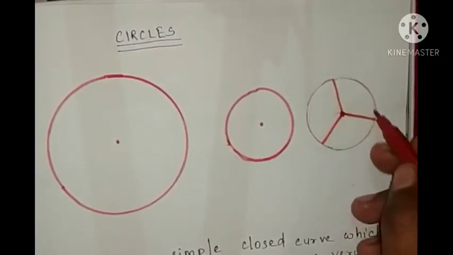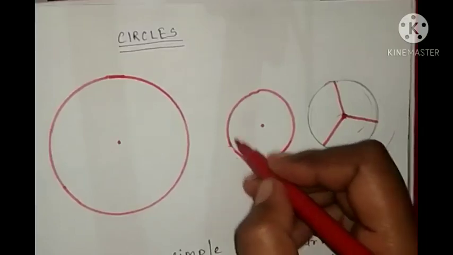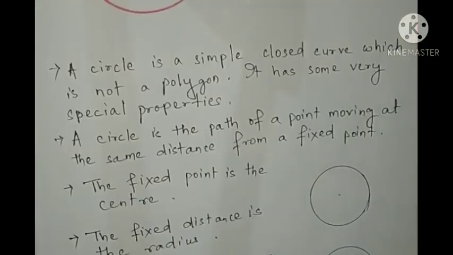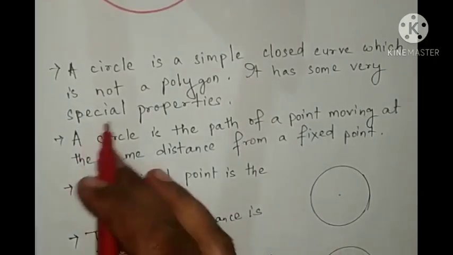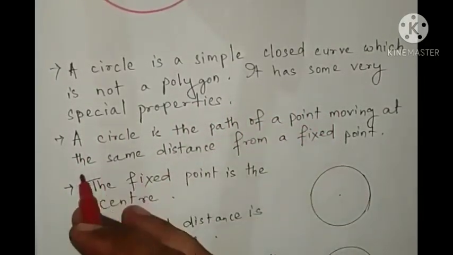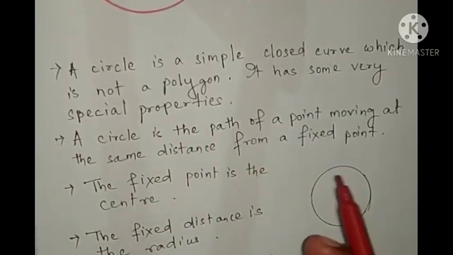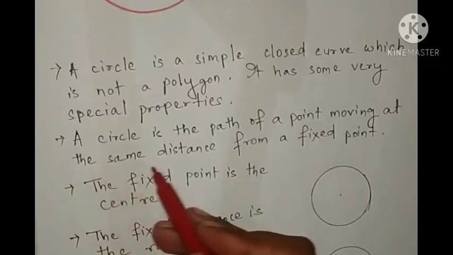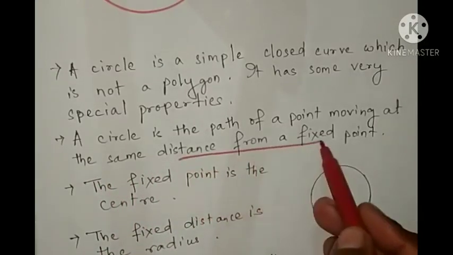This path is known as a circle. This is a circle, this is also a circle. A circle is a simple closed curve which is not a polygon. It has some very special properties.